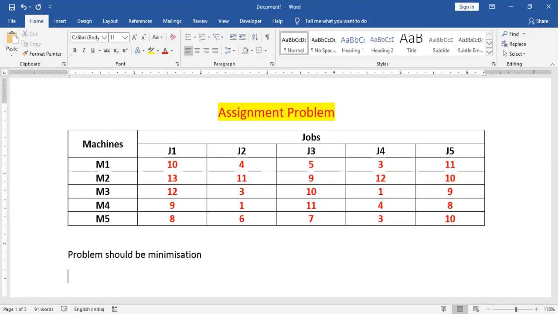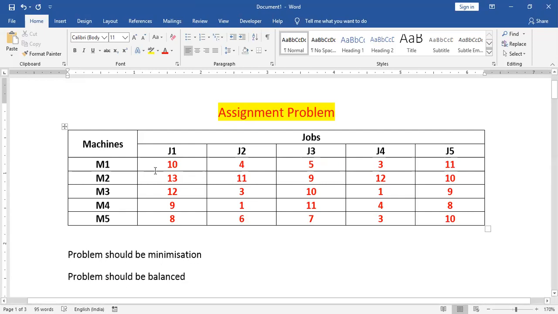The next thing is that the problem should be balanced. That means if we see the above problem, the data given in the matrix is the time, and we want to give minimum time to perform a job. We never think that we will give maximum time to perform any job. So this is a case of minimization.